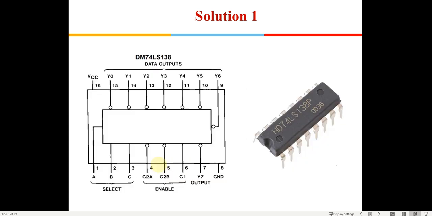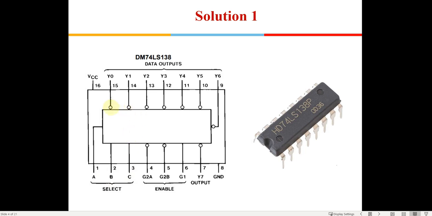We know this is the chip which we are going to use to generate the chip select lines, right? It is a decoder where ABC are the 3 inputs. Remember, A is the MSB and C is the LSB. ABC are the 3 inputs, and it is active low.